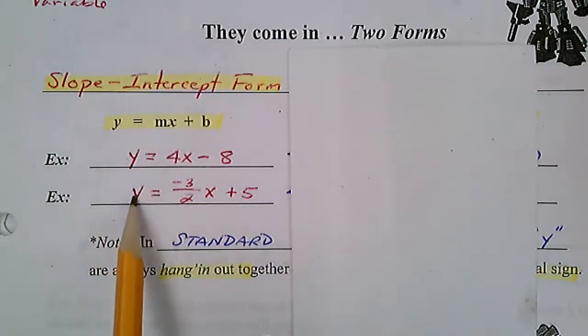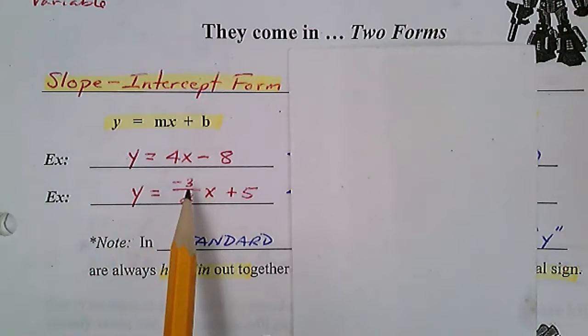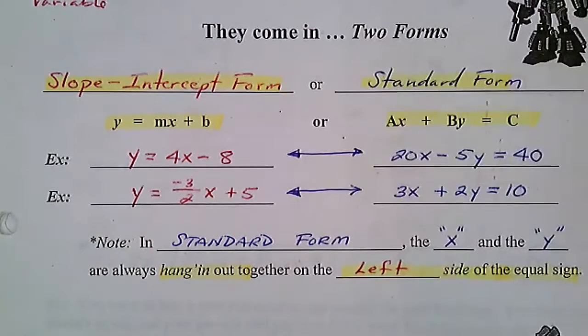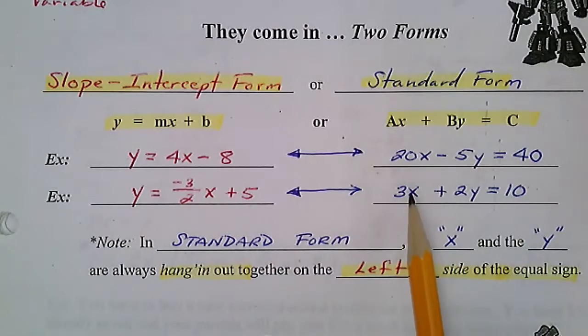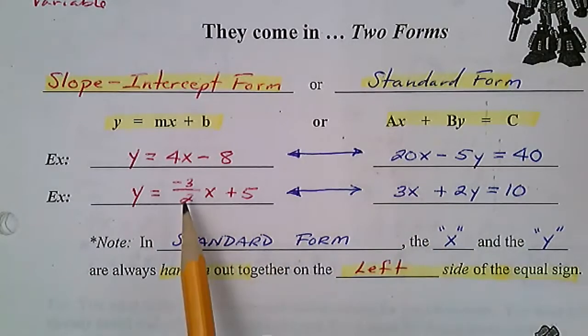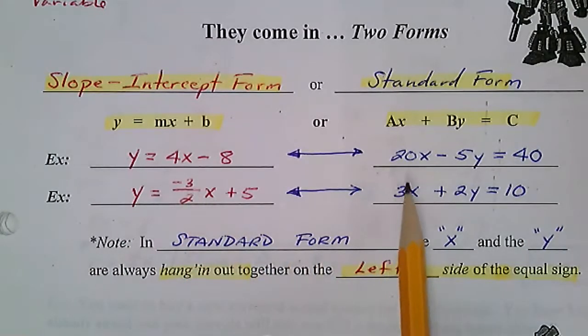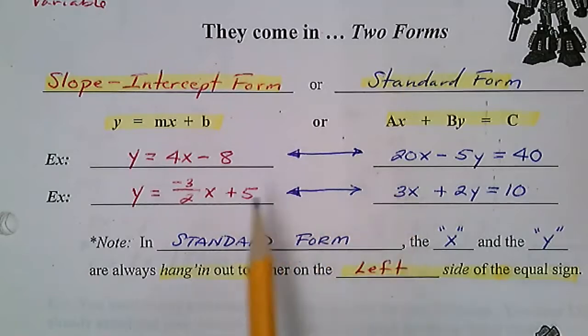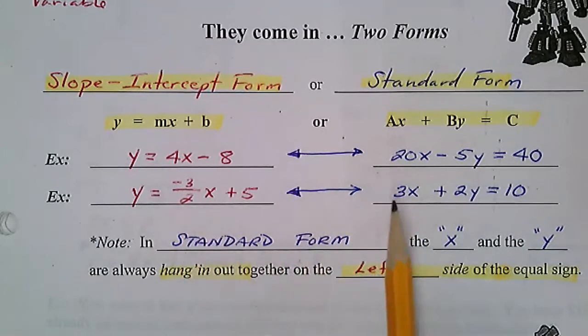If you've got y by itself, then you can say, oh okay, there's your slope. But as soon as we put the equation in this format, there is a number next to x, but that's no longer the slope. If you notice over here, the slope is -3/2. It didn't change to 3. 3 is not your slope. Your slope is right here. That's just called a coefficient.